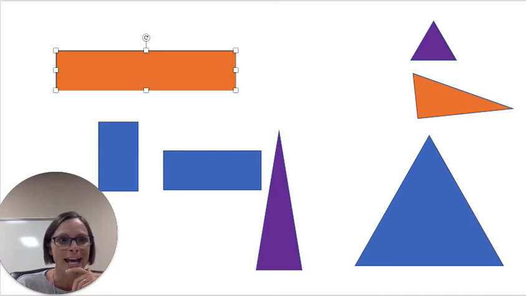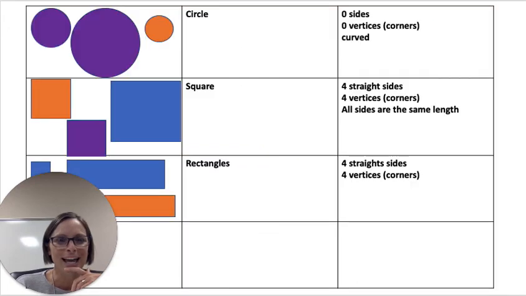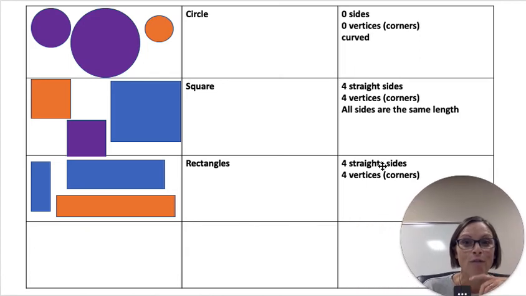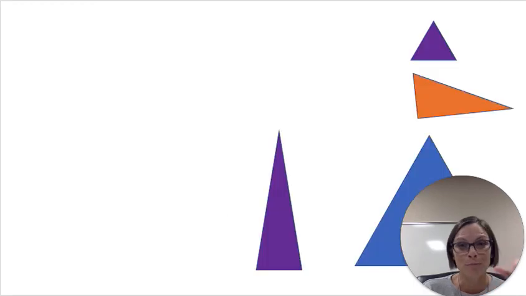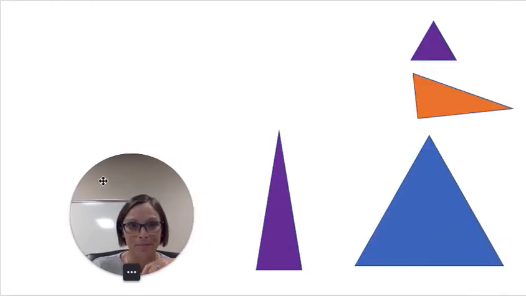Oh my goodness. Let's take a look again. We noticed that a rectangle had 4 straight sides and 4 vertices or corners. So there's 3 rectangles. You know, this is helping me not have all those shapes all over the screen.